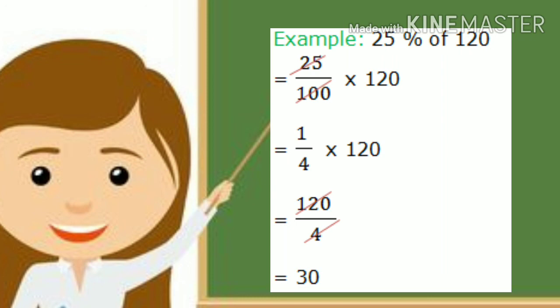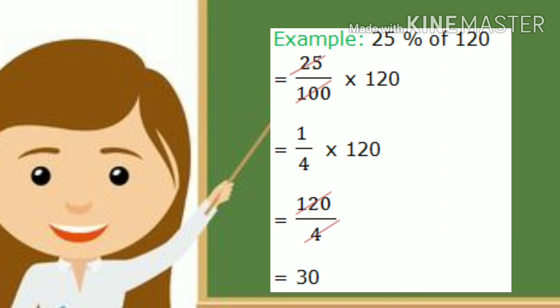Now in 25 and 100 there is a common factor and that is 25. So we will cancel both by 25. 25 ones are 25 and 25 4 times 100. So we will get 1/4.